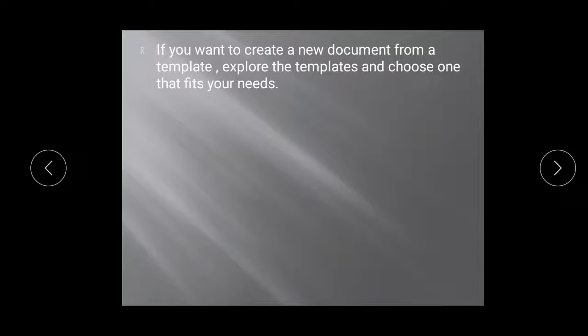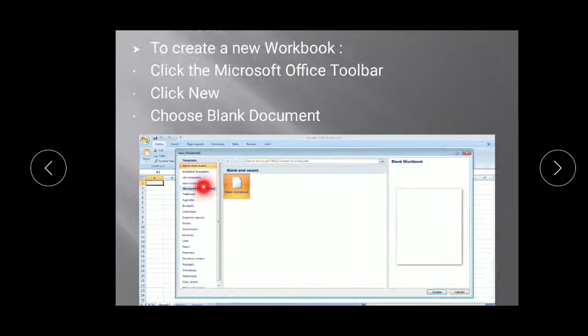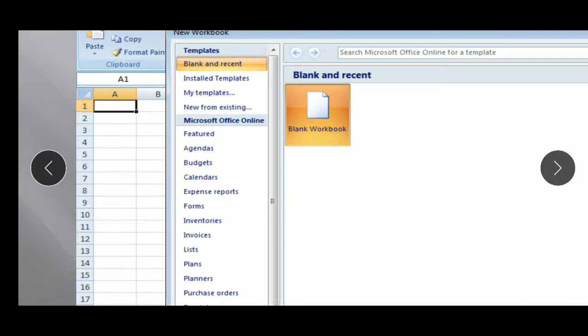If you want to create a new document from a template, explore templates and choose one that fits your need. If you want anything other than the blank one, that is templates, different formats in your Excel, you can go for that. If you want charts, or if you want to buy from online Microsoft Office formats, the current formats, you can go for that also.